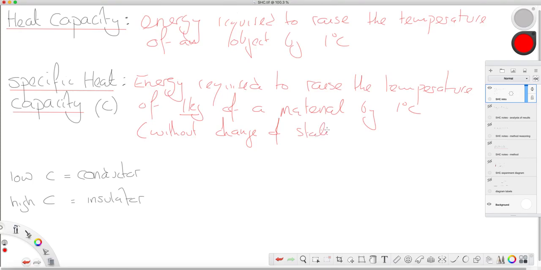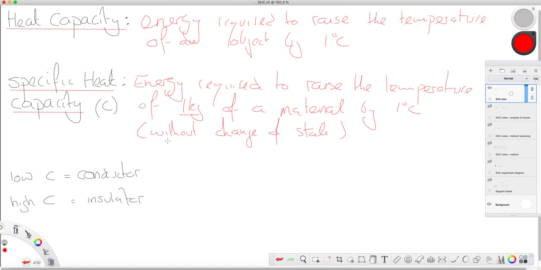You might say, well, so what? How does that change things? Well, if you were raising the temperature of ice from -1 degrees to +1 degrees, you would have the energy required to raise the temperature of the ice from -1 to 0 and to raise the temperature of the water from 0 to 1, but you would also have the energy required to change the ice from ice into water.